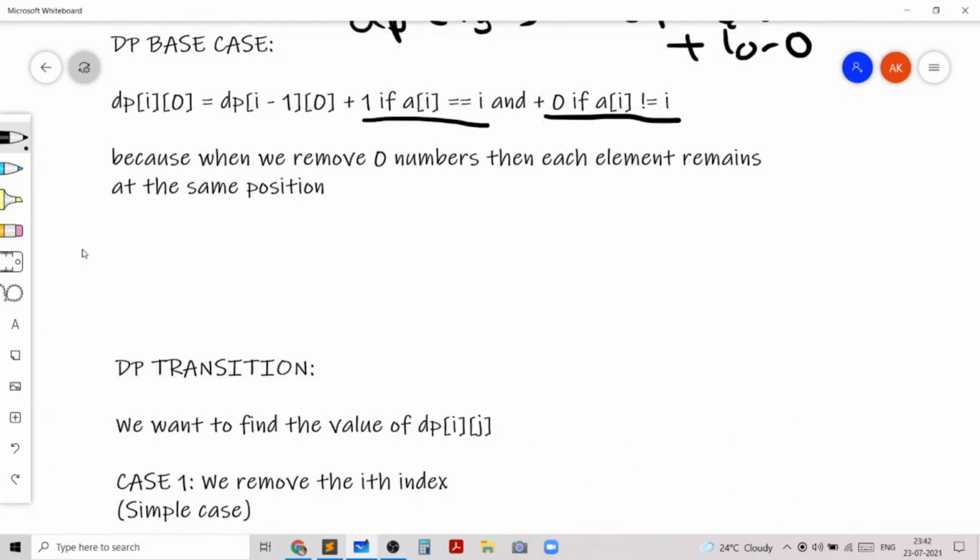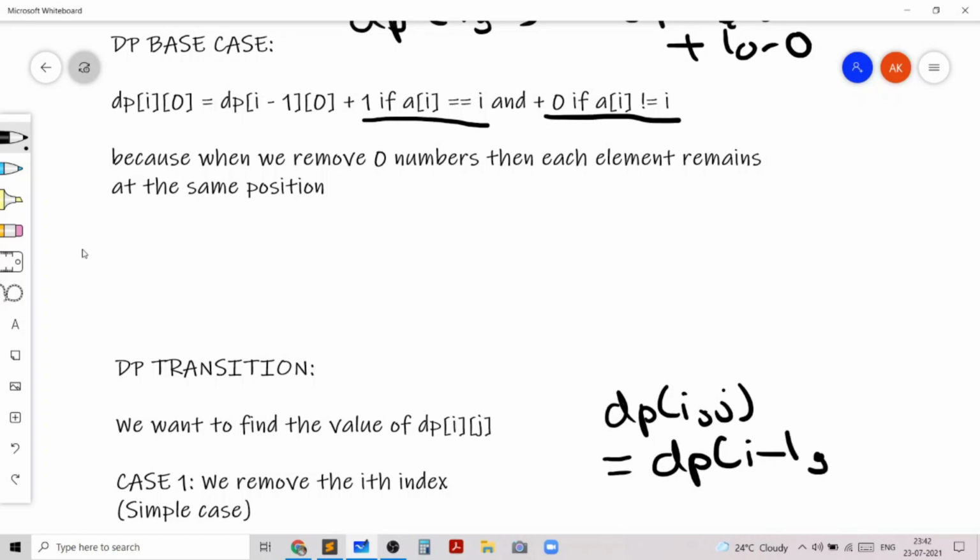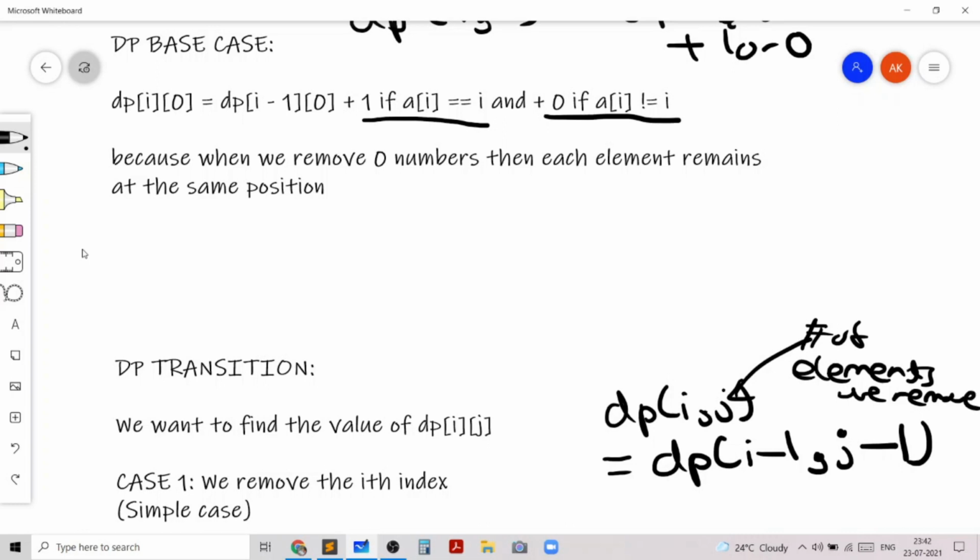So what we are considering is the remaining i-1 indices, and we remove j-1. Again, reminding you that j is the number of elements we remove. Since we have already removed i, we have one less index to remove, and hence we use the value of j-1.